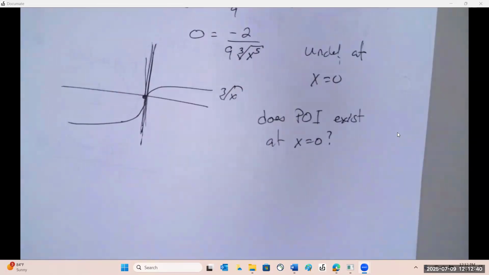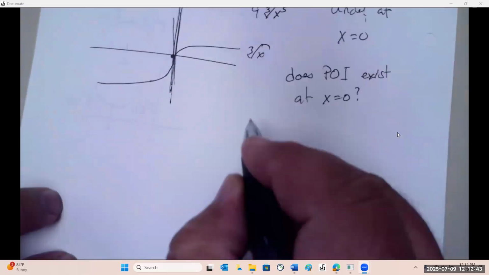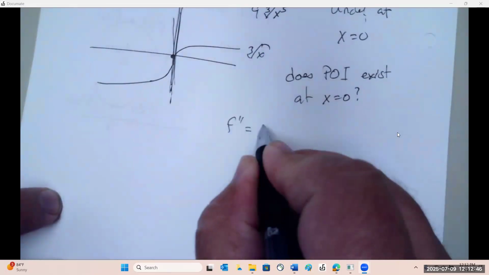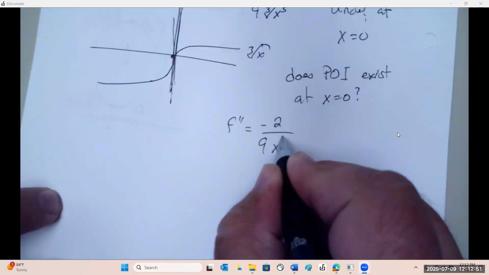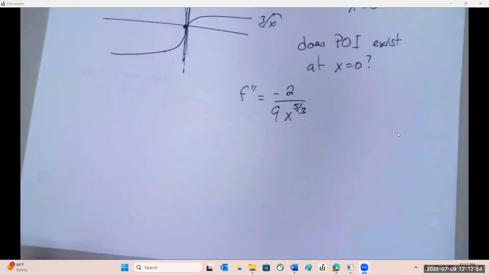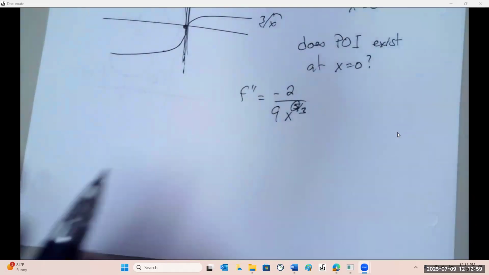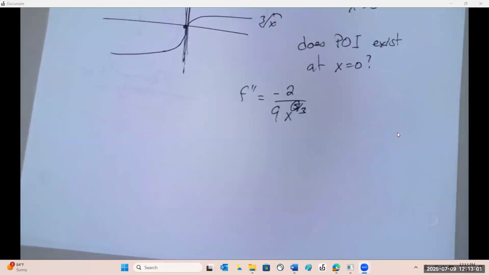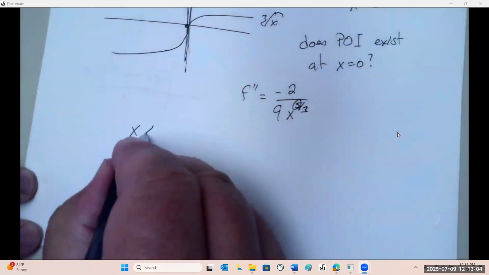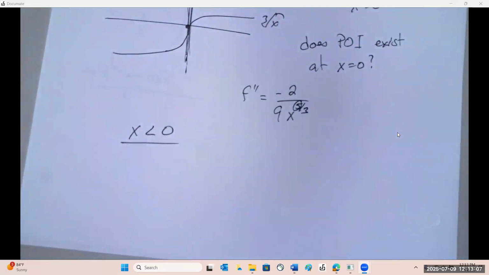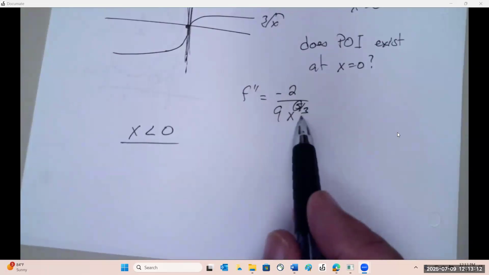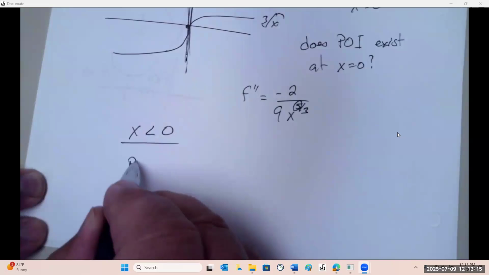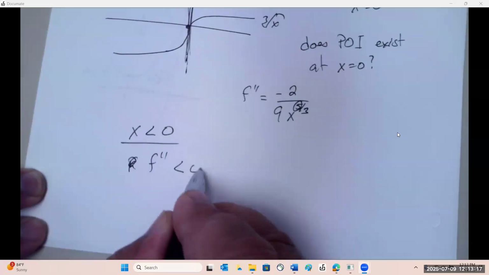The answer is yes. Because remember, the second derivative was negative 2 over 9 x to the power 5 over 3. Because 5 is an odd number, if I put a negative number inside there, it remains negative. So I put a negative number inside there and I cube root it, it's going to stay negative. So my second derivative will remain negative.